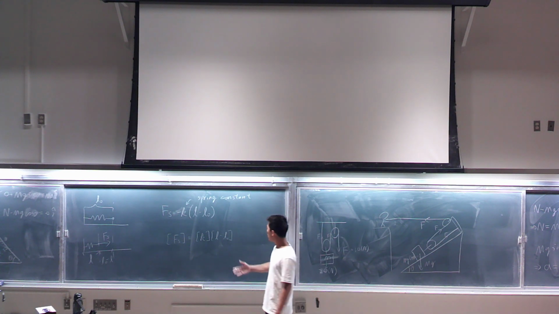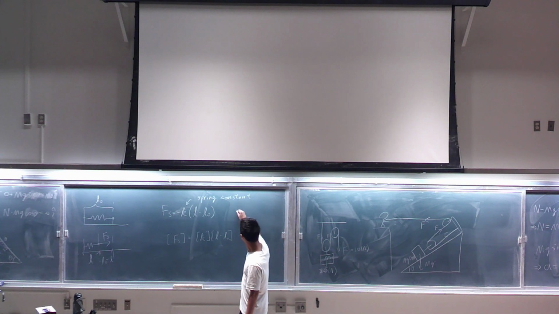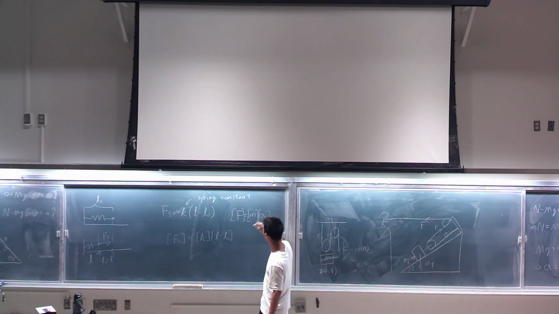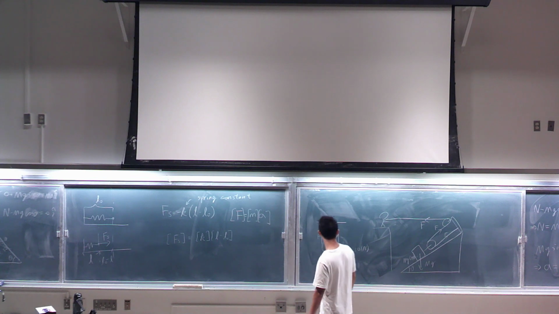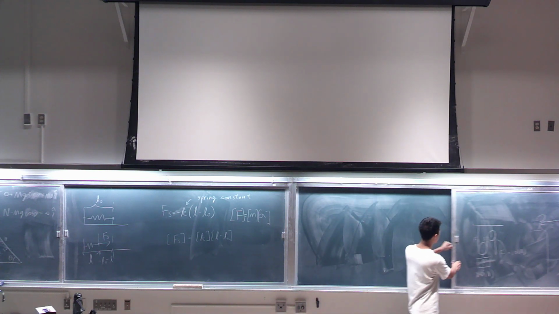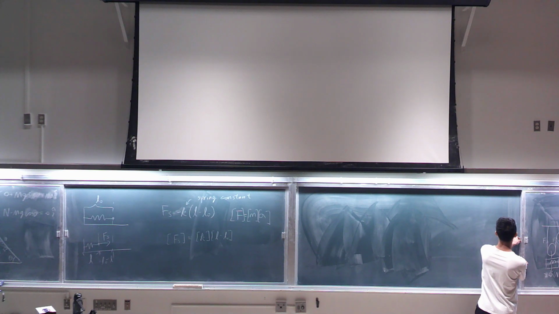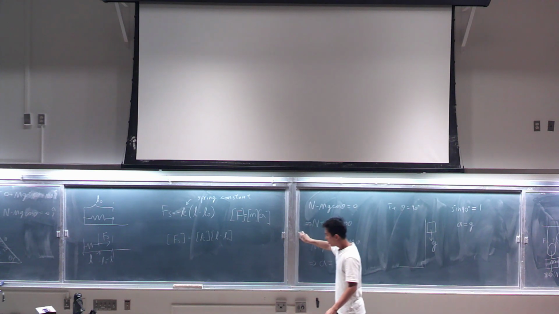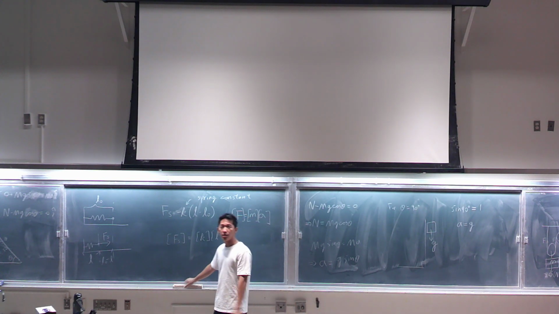Good. Now, F equals ma. So the dimension of force is mass times the dimension of acceleration. If you don't know the dimension of acceleration, it's fine, because you should memorize the definition of acceleration.